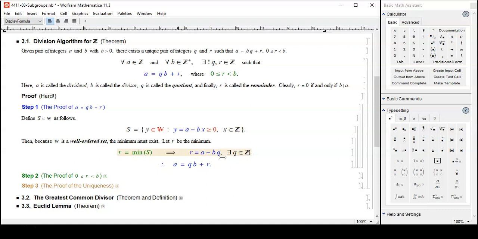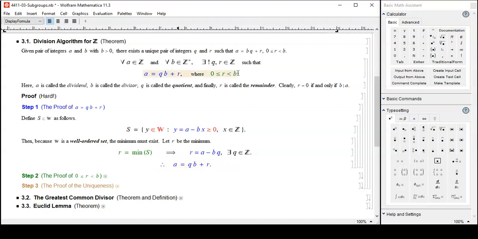So r is a minus bq, consequently a is qb plus r. And we have the first half of this conclusion plus alpha, plus this green. Minimum always exists, so we have the existence of r and q, so that a is qb plus r. We got this. Existence part, okay, we have it.